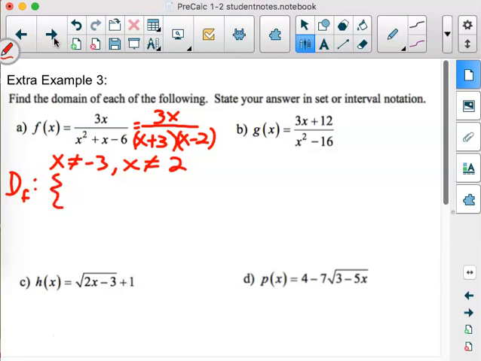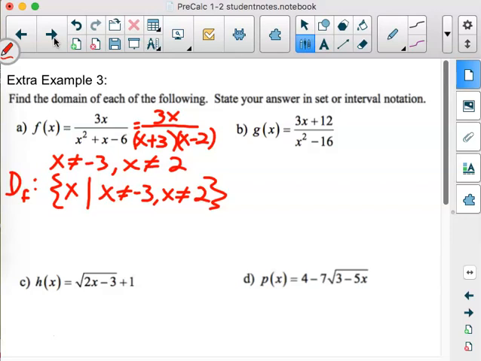Now, we have x's defined as, and we want to tell people, hey, you can use whatever you want, but you can't use -3 and 2. And that's exactly what we're going to tell them. X can't be -3 and x can't be 2. And that's the set builder notation way to write it.